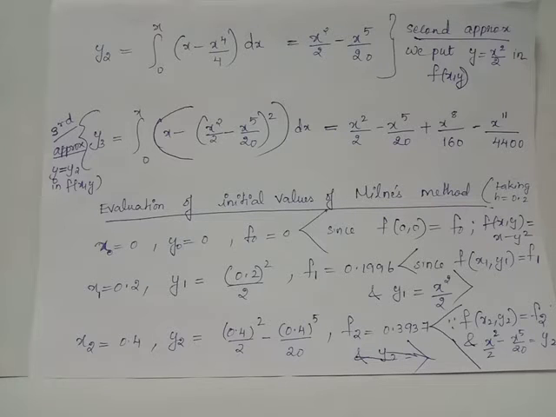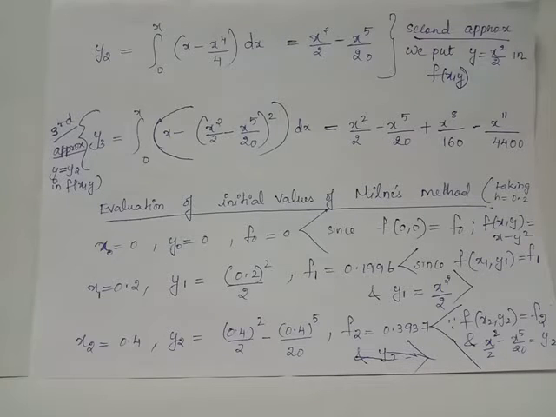We have x naught equals 0 and y naught equals 0, which follows from the initial condition. f naught is the function's value at x naught, y naught, that is, f naught equals f of 0, 0, which equals 0. We have x1 equals 0.2 and y1 equals x square by 2 from the first approximation.